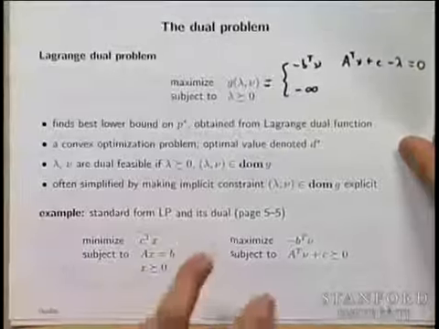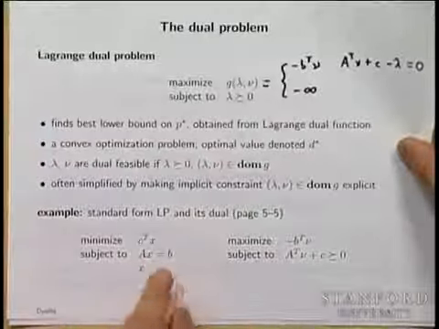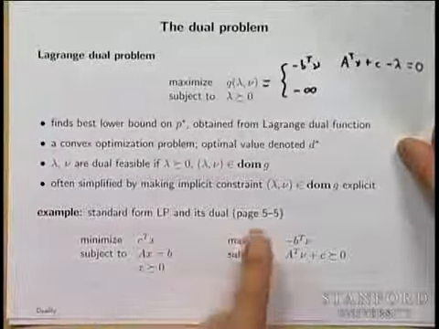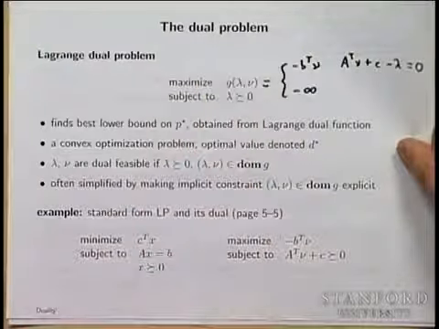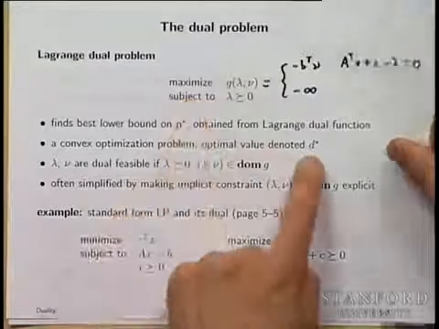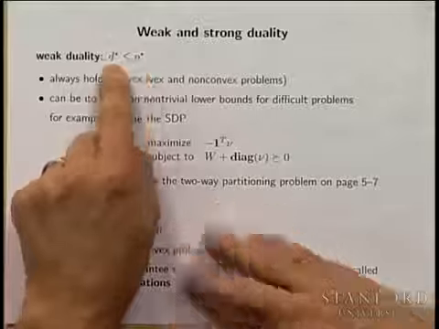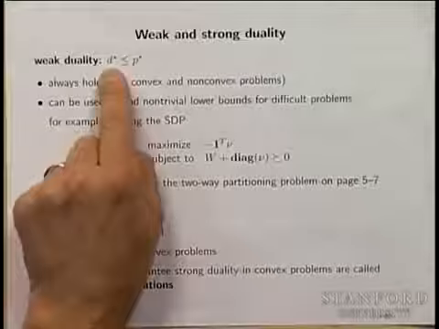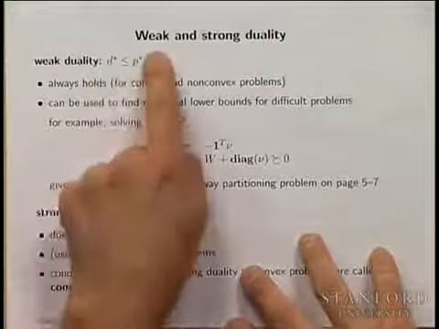We've already assigned the symbol P star to mean the optimal value here. We're going to let D star be the optimal value of the dual problem. You always have D star less than P star. Why? Any dual feasible point is a lower bound on P star, so the best one is also a lower bound. This is called weak duality.